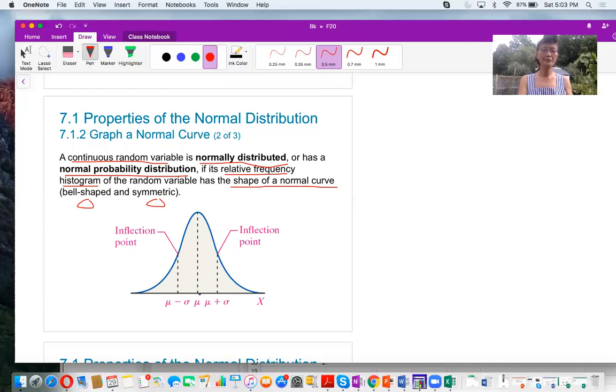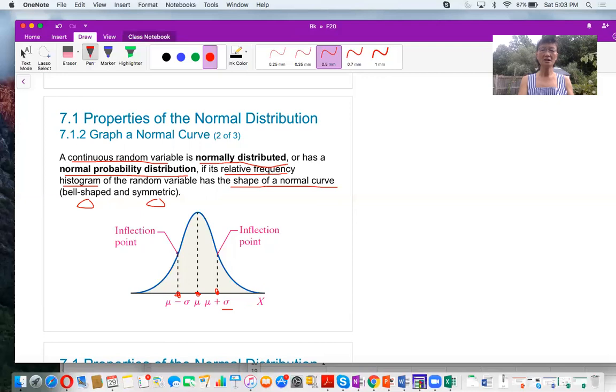And this center point is population mu. Sigma is population standard deviation. And this point represents mu plus 1 standard deviation. And this point, mu minus 1 standard deviation.